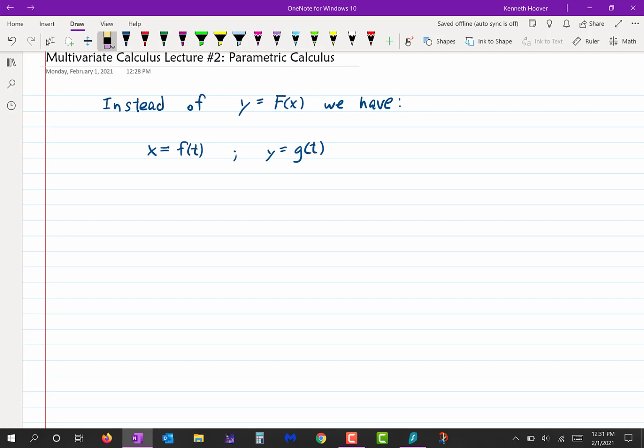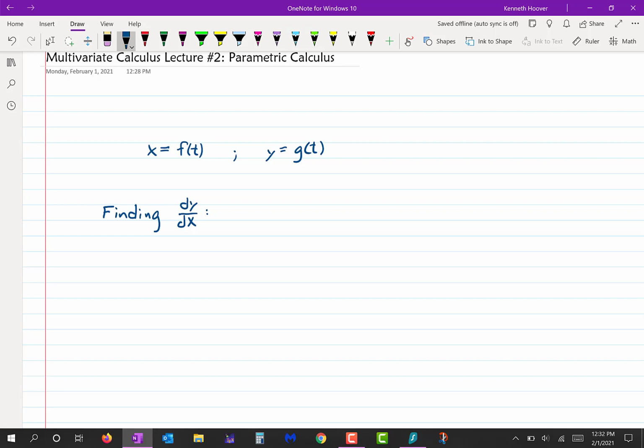All right, so what I want to do is re-show you how to find the derivative of y with respect to x, dy/dx. Since y is not a function of x, you can't just take the derivative of y with respect to x.